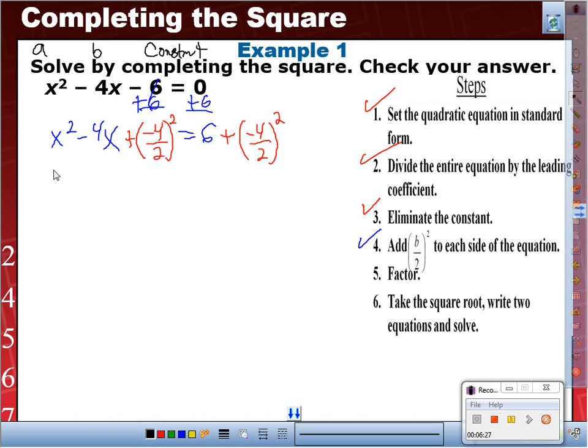X squared minus 4x plus, what is negative 4 divided by 2? That's negative 2. Negative 2 squared is positive 4. Is this a perfect square? Yes, because now I completed it using this process. Therefore, this is 6 plus 4. Copy that, please, and then I'll elaborate more on it.